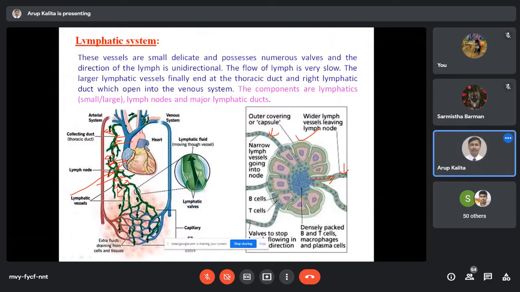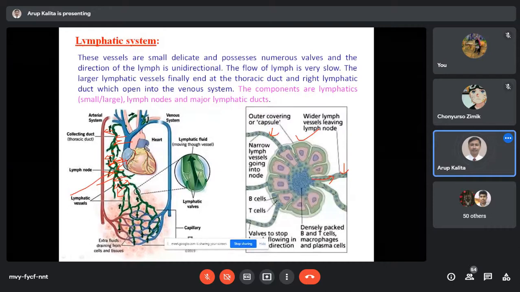Understand? Yes, sir. Then when the lymph is carried via the efferent lymphatic vessel, there will be a higher concentration of lymphocytes. Those lymphocytes have to be given to the peripheral tissue, so it will distribute them.